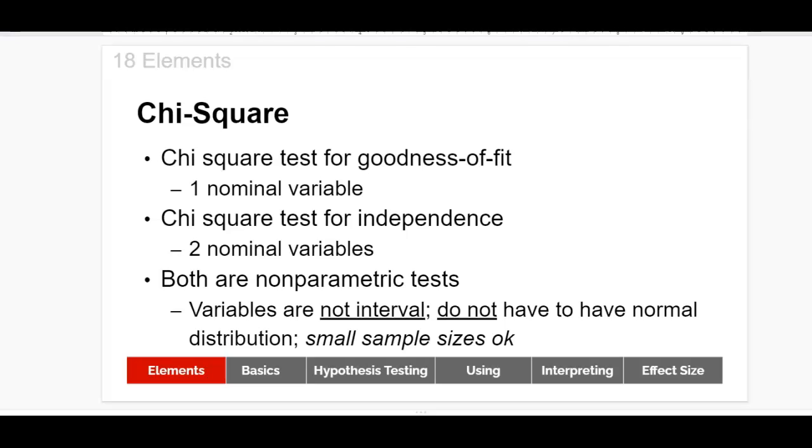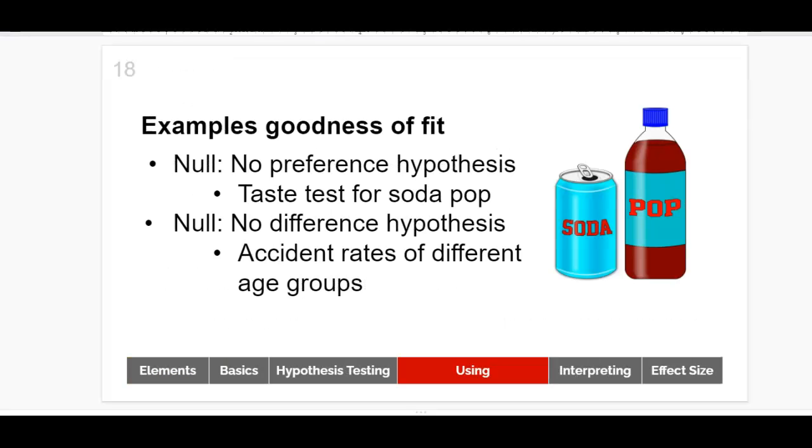So for this lecture, I gave you an example of soda preference. So a lot of marketing research, preference research can be for goodness of fit, again, just one variable. This is sometimes also looking at, I'm wanting to make sure there are differences or there's no differences for groups. So again, no differences goes to the null.